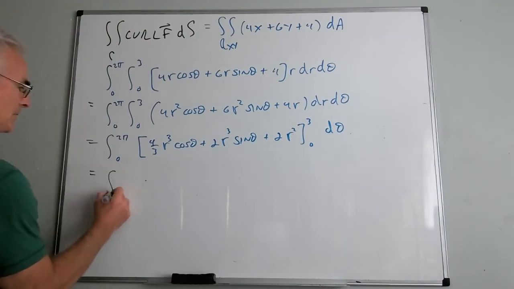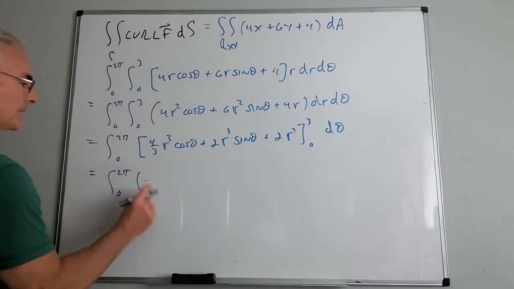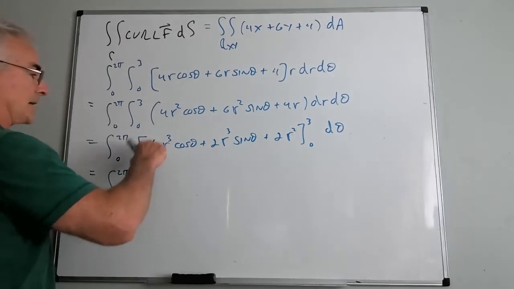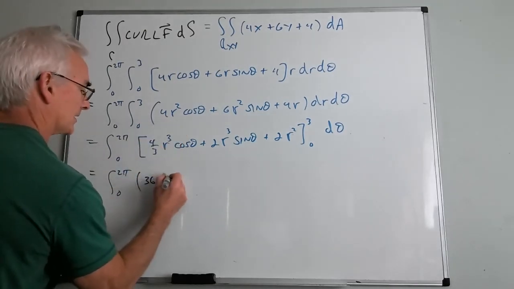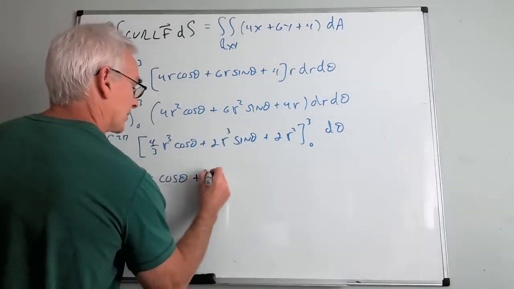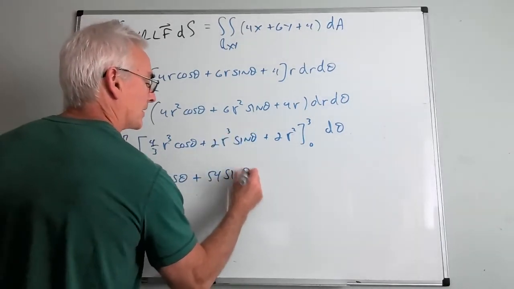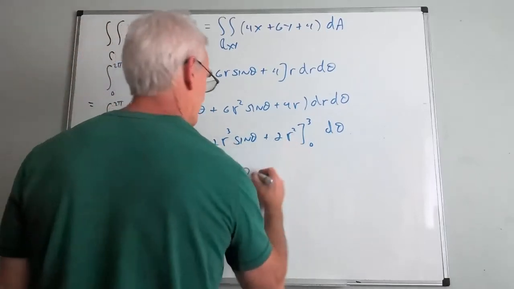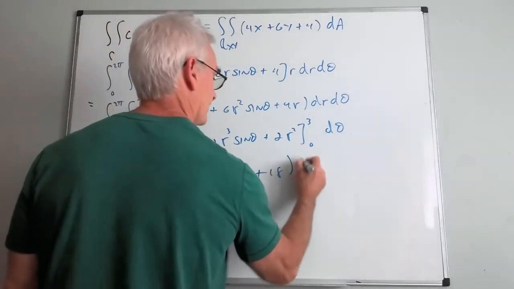I think this will not be bad. I don't even think we're going to have a fraction here. So 4/3 times 27, that'd just be 36 cos theta. 2 times 27, so plus 54 sine theta. 9 times 2, plus 18.